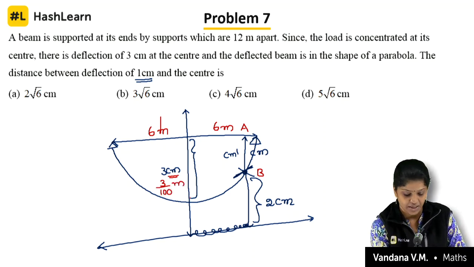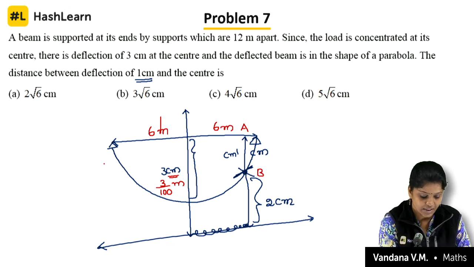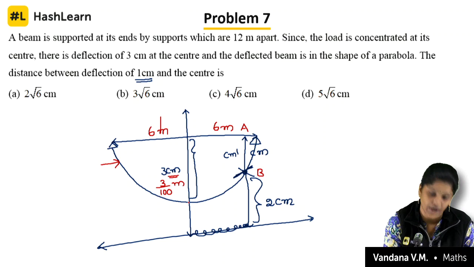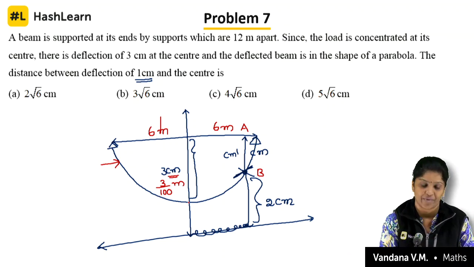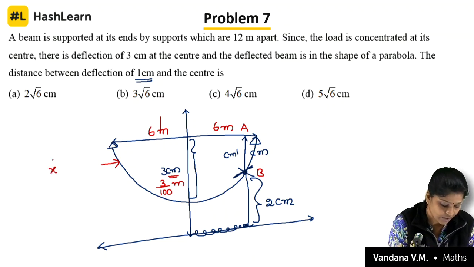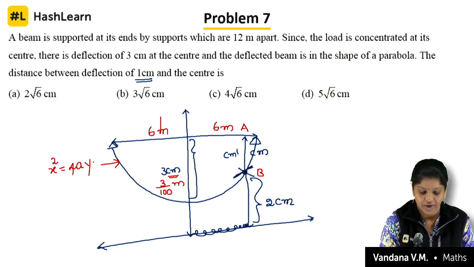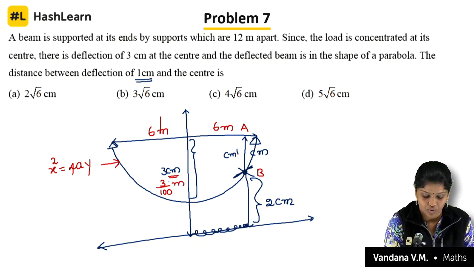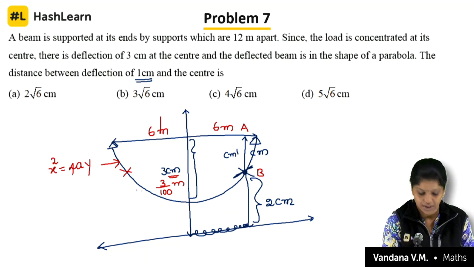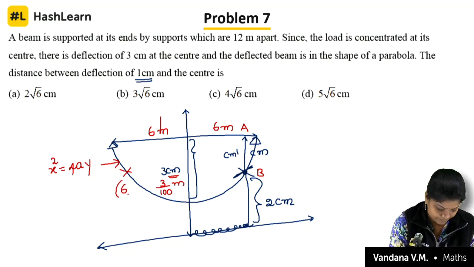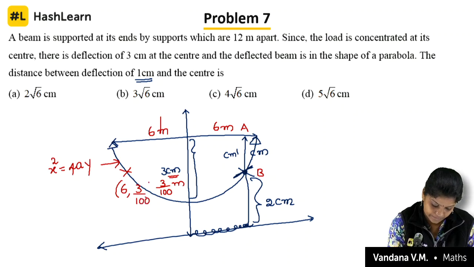So, from this clearly I can say that for this parabola, first let me write the equation. It has symmetry along the y-axis. The standard equation is x square is equal to 4ay, isn't it? That standard equation will be passing through one point, 6, 3 by 100.